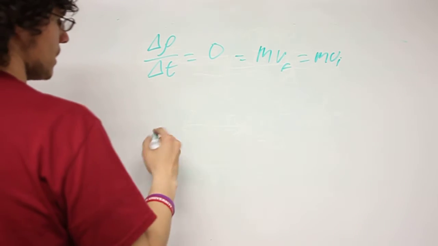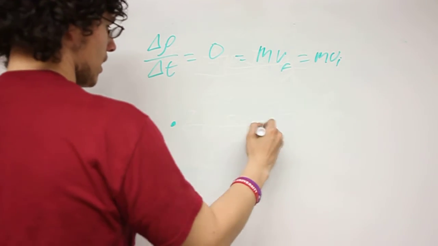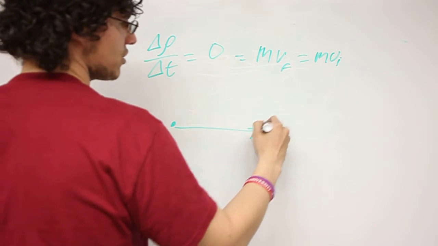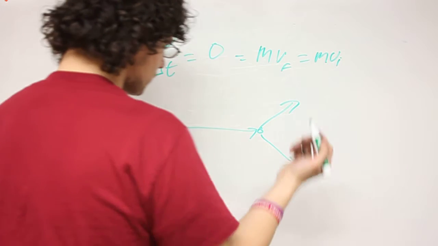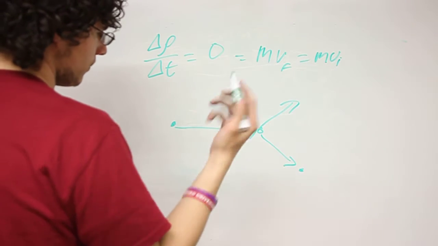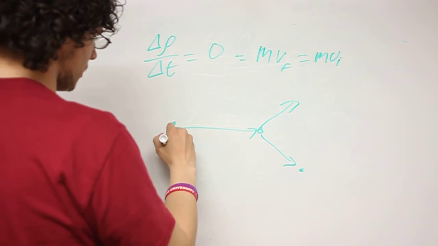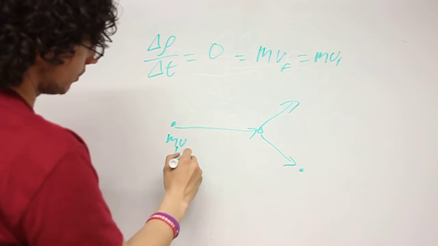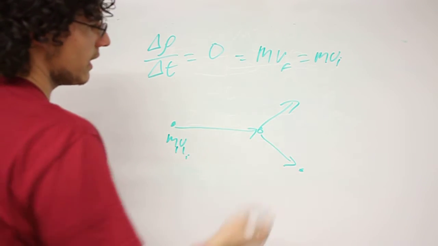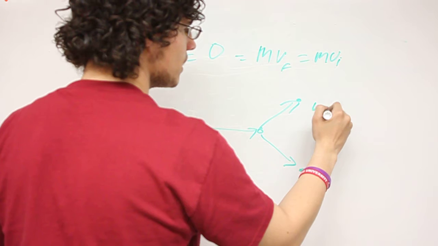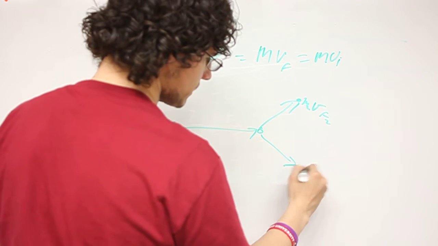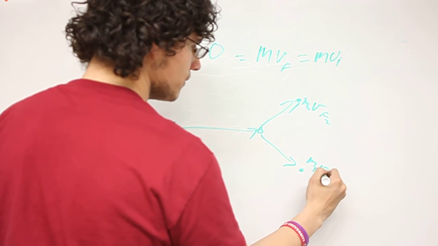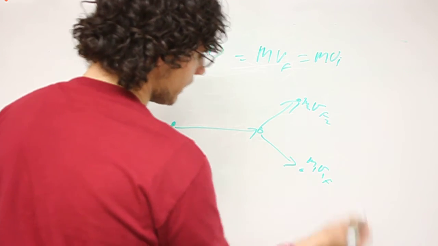An example could be you have two balls and they collide, and this one goes off one way and this one goes off another way. Well, your initial momentum here was just the m1 v1, initial, and then this is going to have some v final of 2, m2, and this is going to be that same m1, v1, but final.